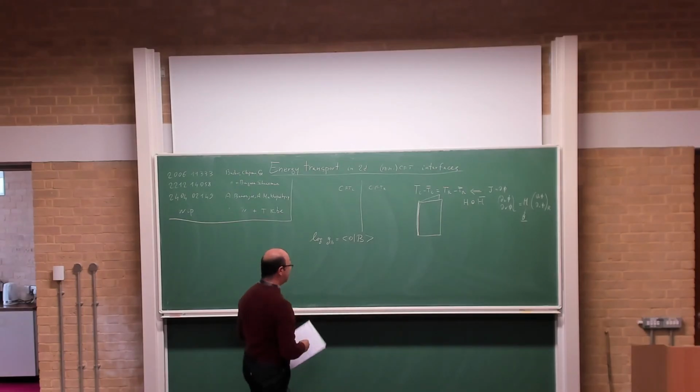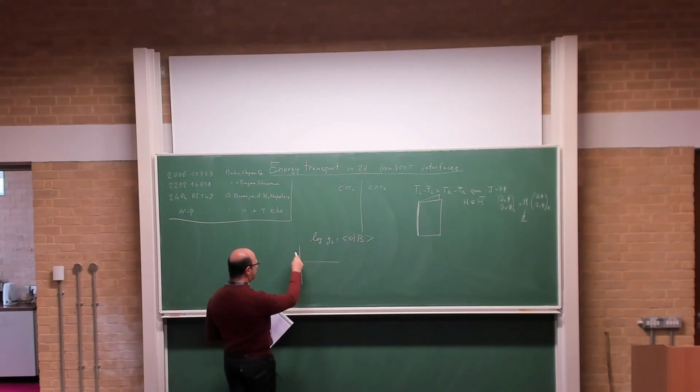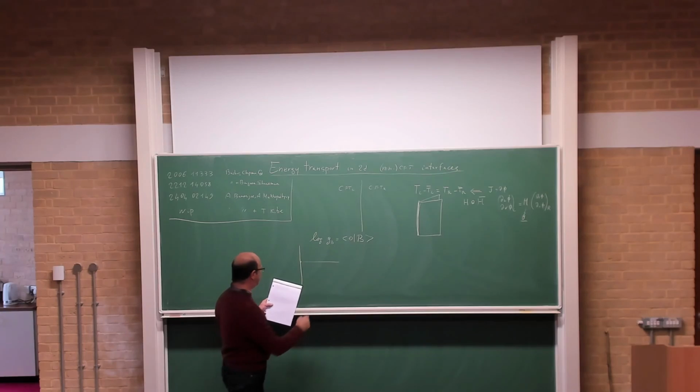A more physical way to see it is to consider the entanglement entropy of a region from one side of the interface to the other.